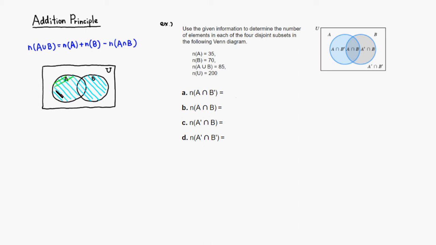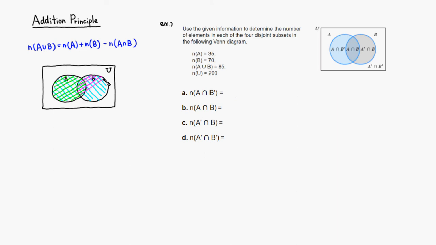I'm going to shade it in green here. And the elements in B, I'll use a different color. Elements in B would be something like here.